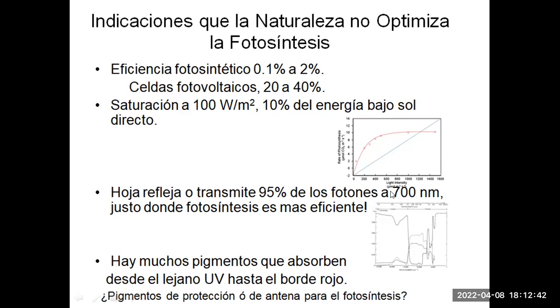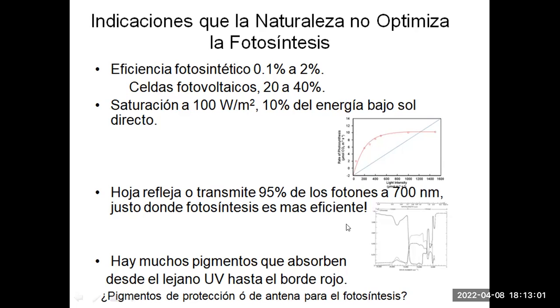We know, for example, the chlorophyll molecule has an absorption at about 430 nanometers, which is in the blue, and another absorption at about 680 nanometers, which is getting to the red.